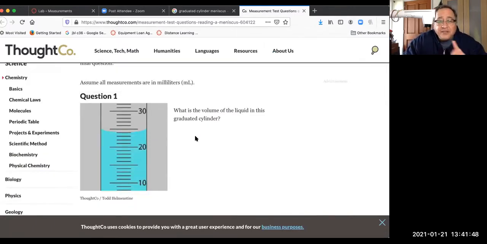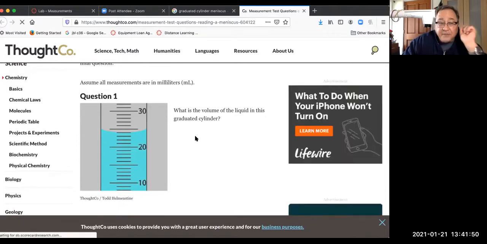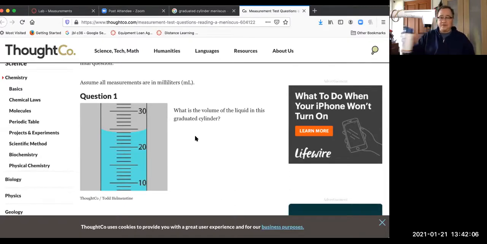So based on the idea that each one of these is milliliters, I want you to write down what you should record for this meniscus. When you have a number written down, give me a thumbs up or a check mark, and then I'll show you what number I would have written down.